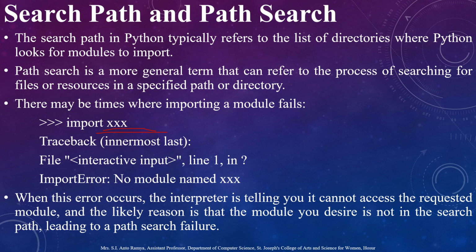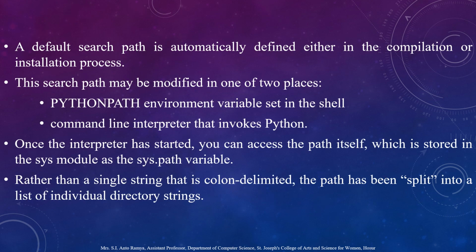It will return an error if the particular package is not available in the path that you have specified. When the path is not found, by default a search path will be automatically defined, either through compilation or through installation. We can modify the search path in two ways. One is using the PYTHONPATH environment variable that is available inside the shell, or using the command line interpreter. These are the two ways.